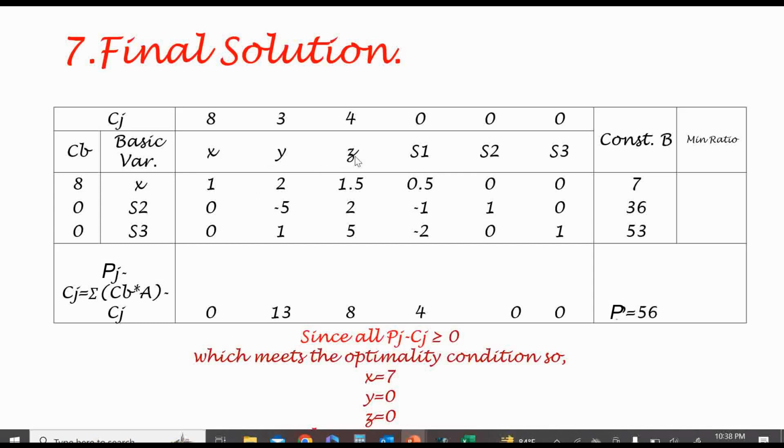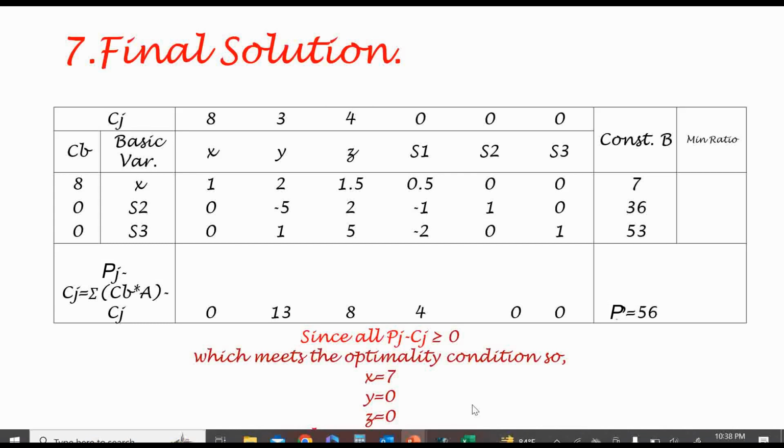Why am I giving y and z 0 value? Because here in the basic variable column we do not have y and z. So this will be 0. The value of y will be 0 and value of z will be 0. Only the basic variable we have available right there is x. So x belonging constant b is 7. So here we will find the optimal solution if x is equal to 7 and y and z is 0.